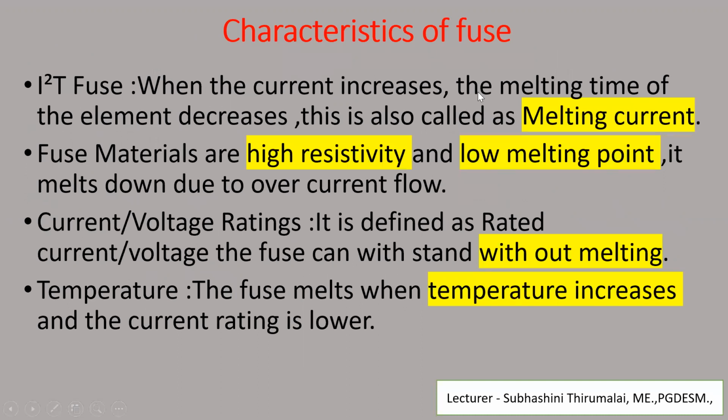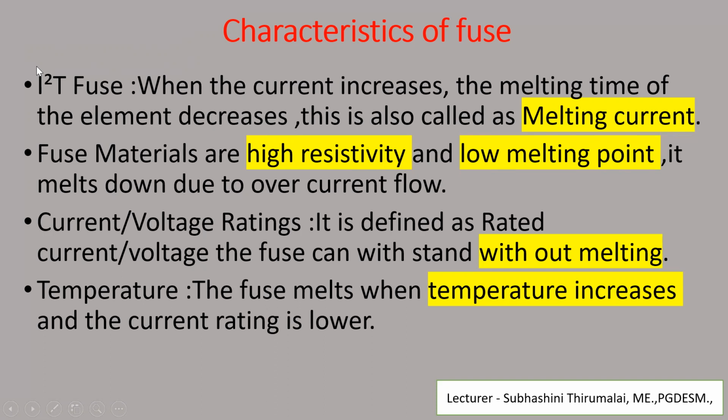The next slide is about the characteristics of the fuse. What are the characteristics of the fuse? I square T. This is called the heating capacity. Heat is equal to I square RT. That is also called the melting current. When the current increases, the melting time of the element decreases, because I and T are inversely proportional.